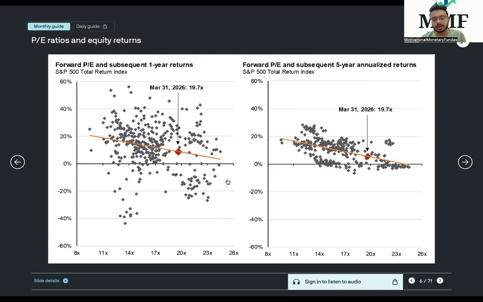Because here, if you see, if you go in at a higher valuation, the expected return would also be low. But if you're entering at a lower valuation, the expectation of the 1 year subsequent returns will also be high. Correct? And that is the regression chart.